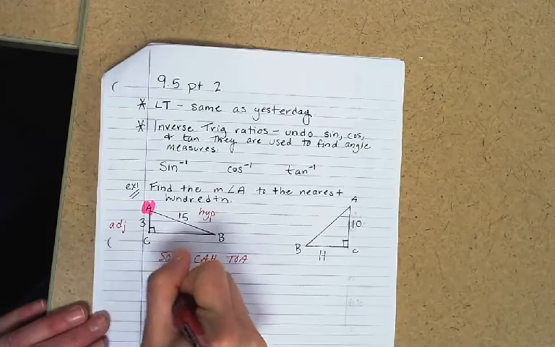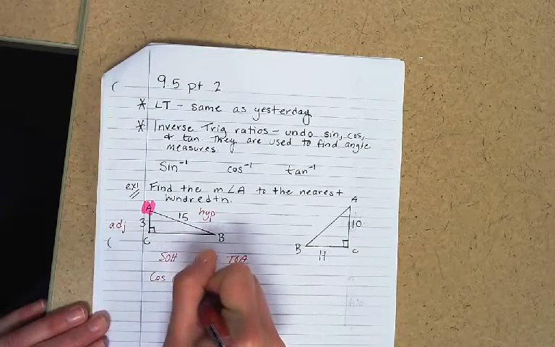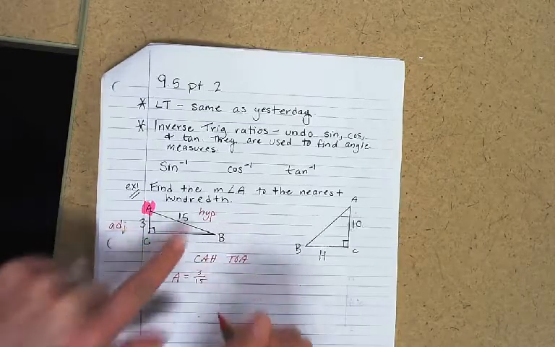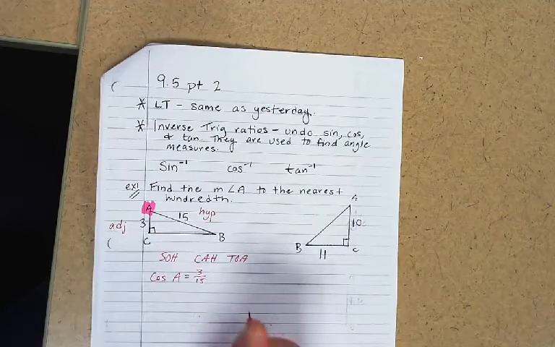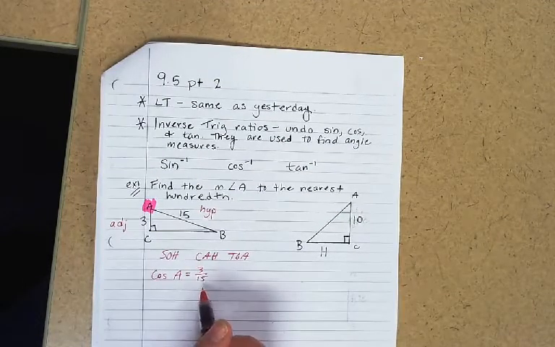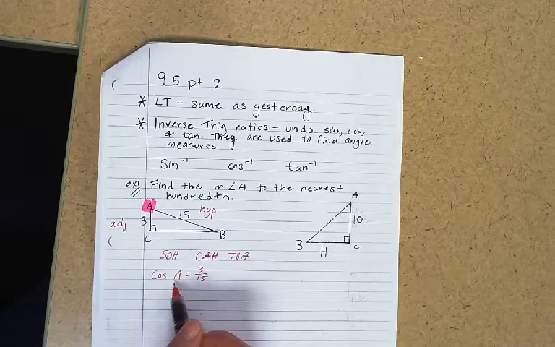So cosine of angle A equals the adjacent over the hypotenuse. You can simplify that if you want, or you can just leave it alone.